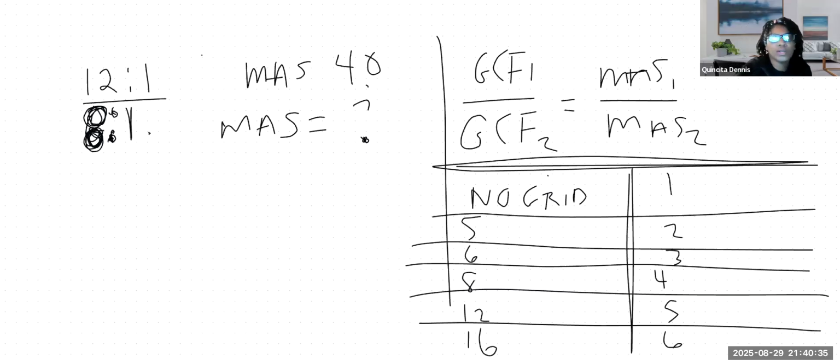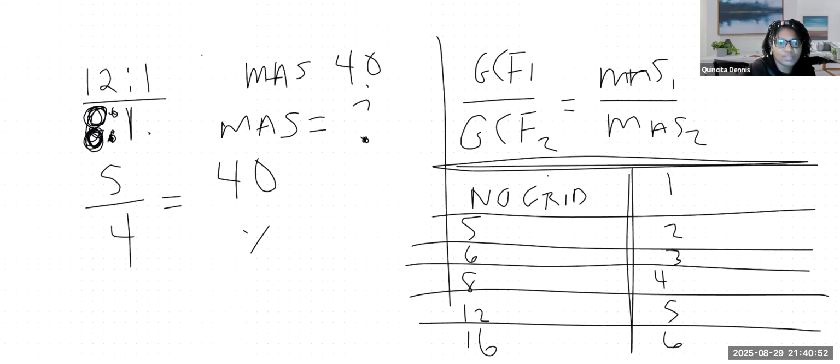So 12 to 1 is 5. 8 to 1 is 4. 40 times 4 times 4 is 16. So 160 divided by 5, I'm guessing that is 32. All right, 32 mass.